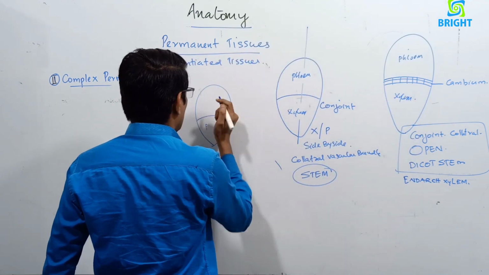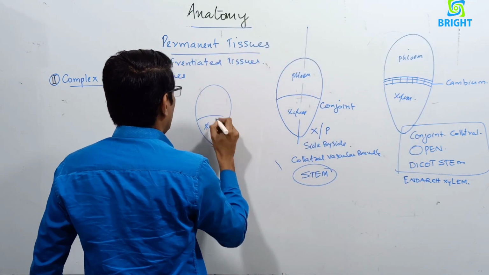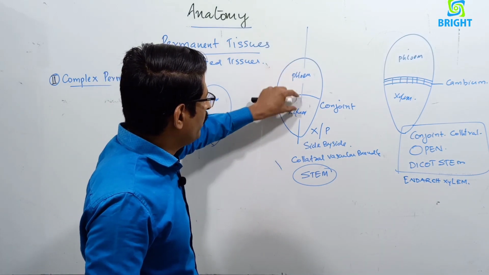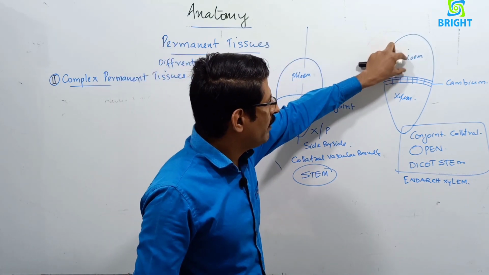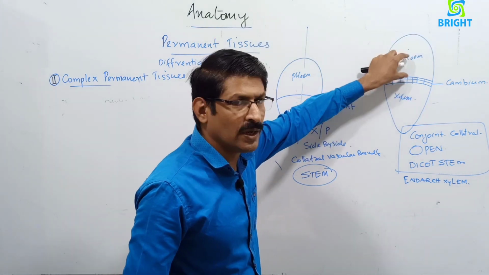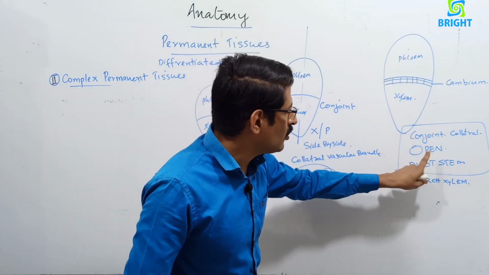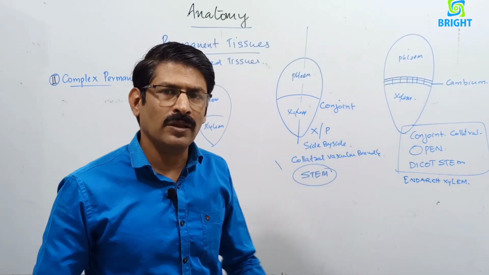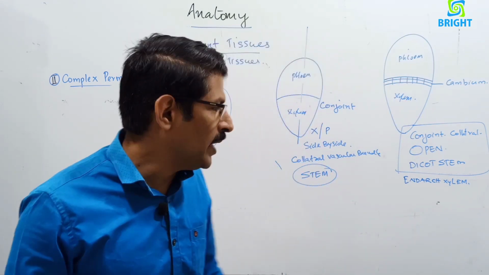So this is xylem and this is phloem. In between phloem and xylem there is the presence of cambium, then it is called open vascular bundle. When they are present side by side, it is called conjoined collateral vascular bundle.